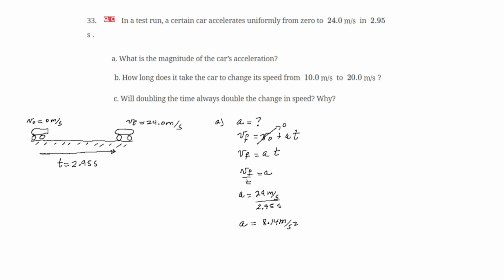The object is accelerating, so the acceleration vector is in the same direction as the variation of velocity, the same direction as delta v, because that means the velocity is increasing. So this is our value of acceleration.